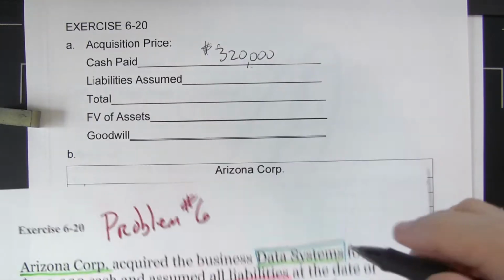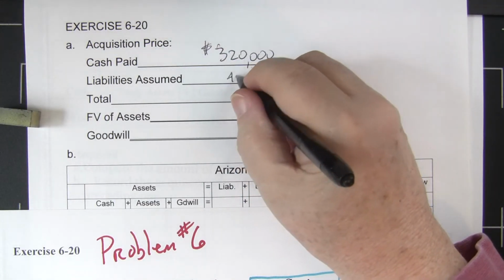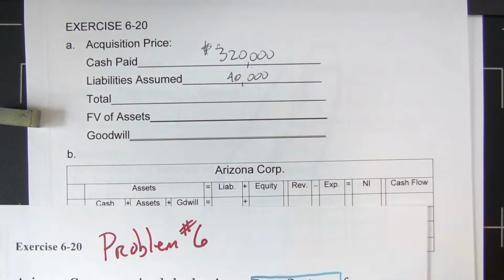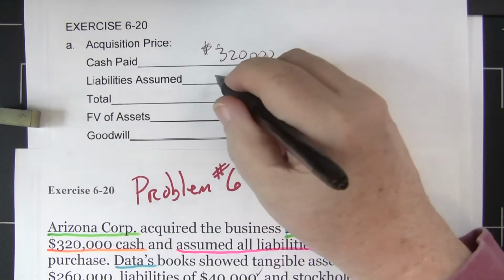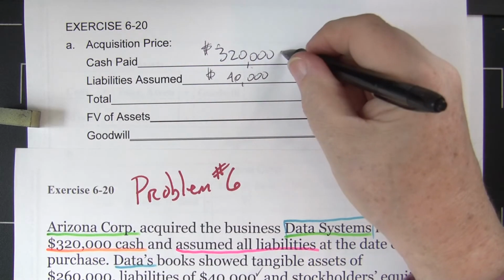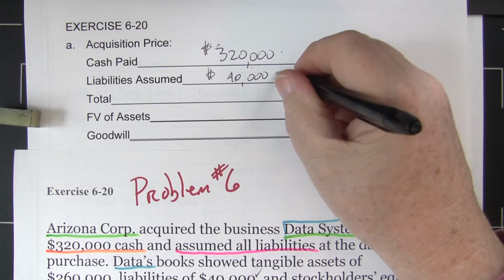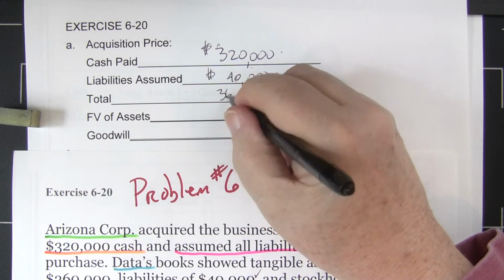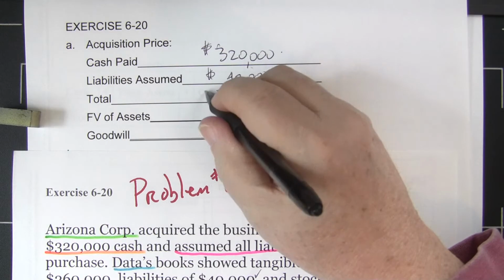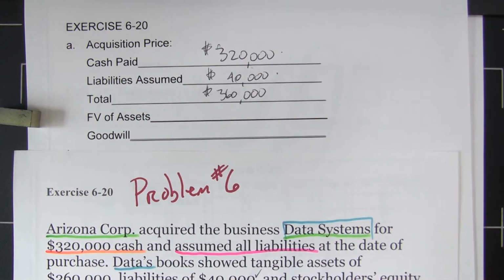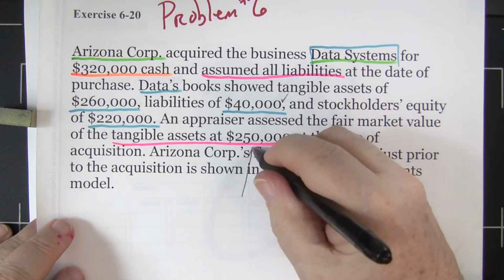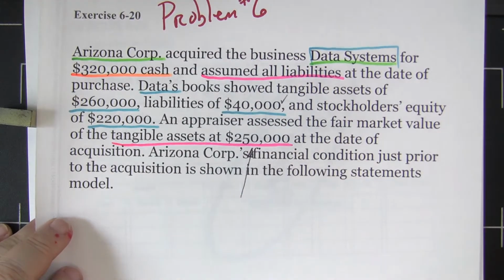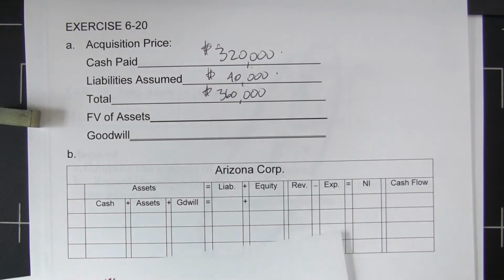So that gets added to what we paid, because we're going to pay the bills. So altogether, between what we paid and what we will pay, the total is $360,000. The assets were appraised at $250,000.